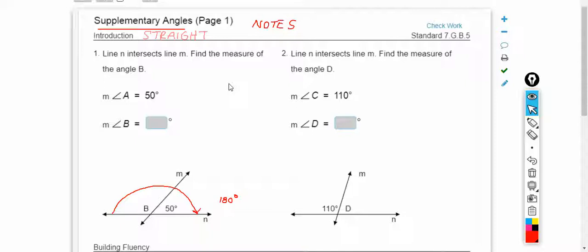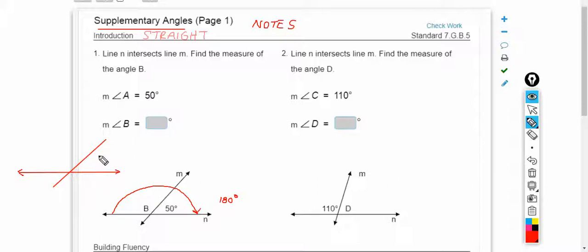All right, so in your notes you're just going to draw a straight line, something like this. You sketch this angle, and then you draw a line like this. It doesn't have to be perfect. You just want to get the idea.